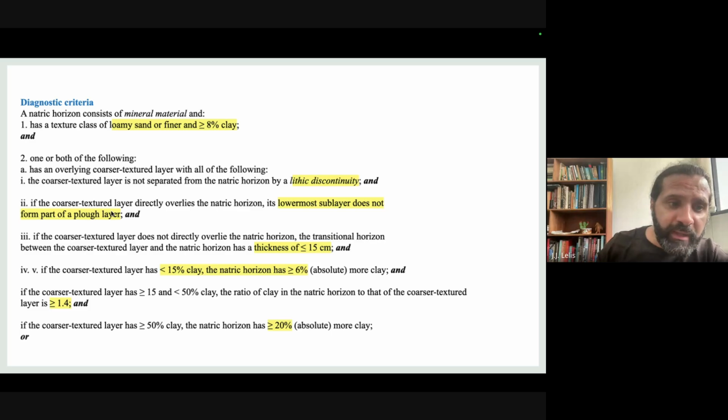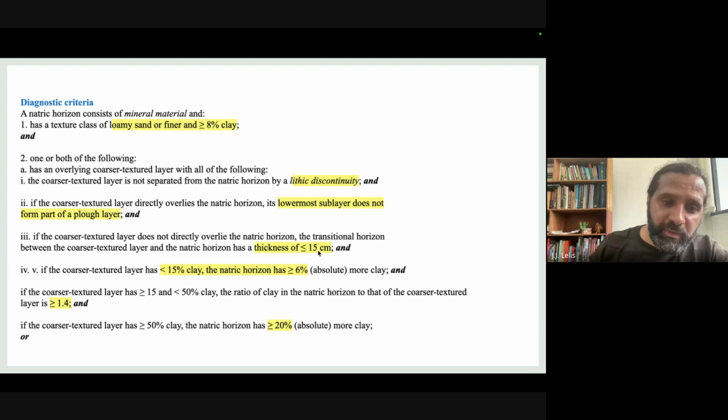Okay. Number three, if the coarser texture layer does not directly overlie the nitric horizon, the transitional horizon between the coarser texture layer and the nitric horizon has a thickness equal to or less than 15 centimeters.